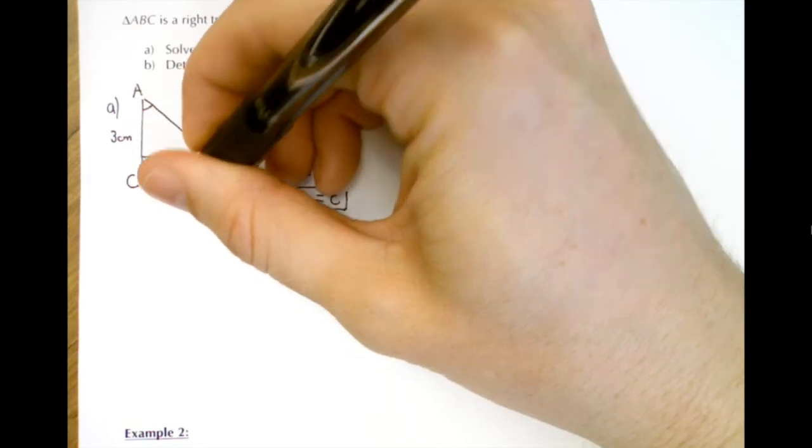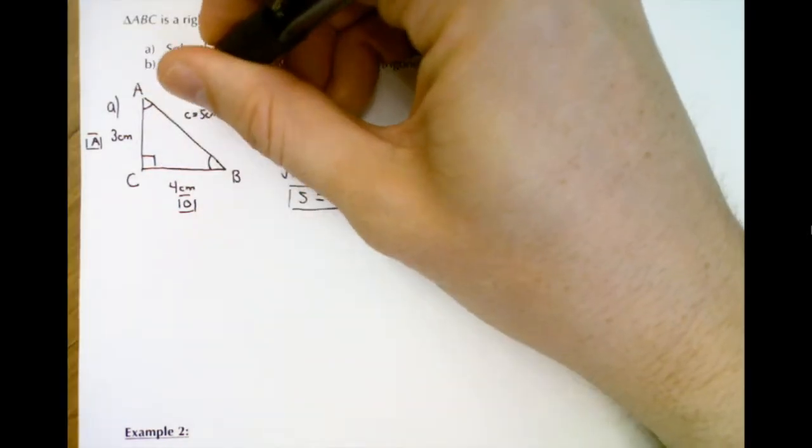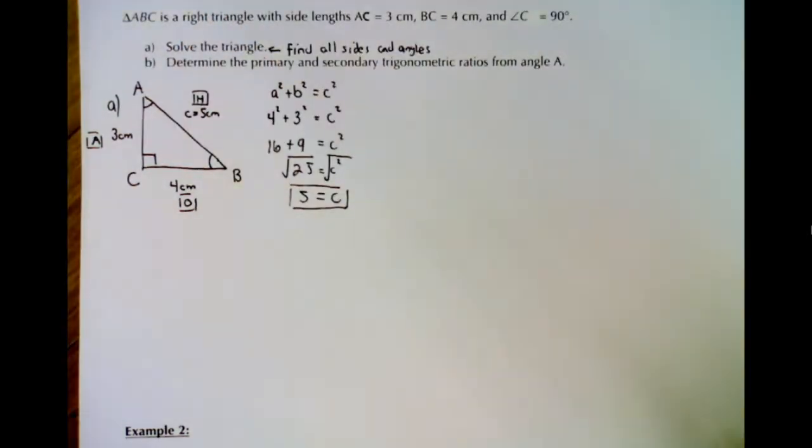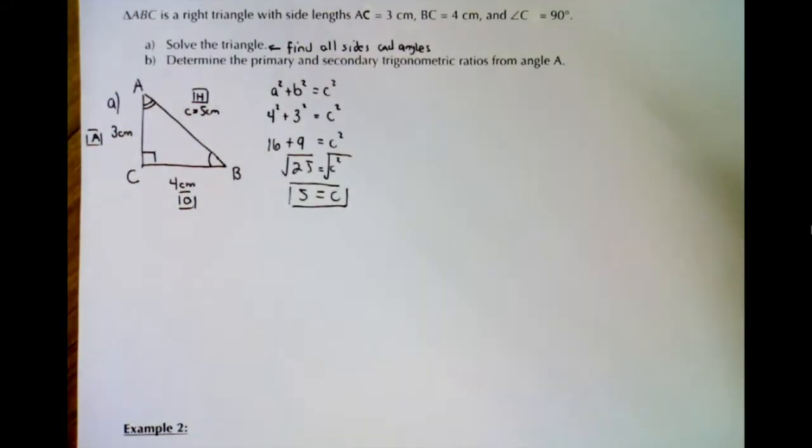We've got O, A, and H. That's from angle A. O is 4, A is 3. Those are the 2 we're given.